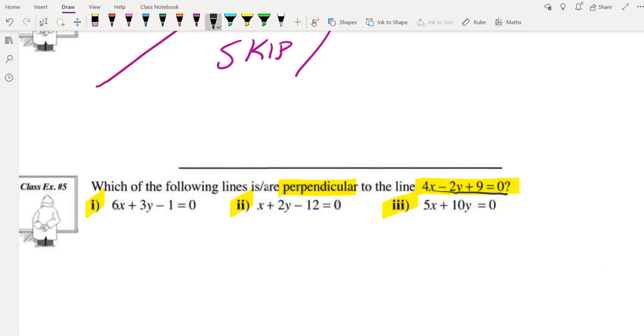Right? Let's convert it to slope-intercept form so you can read off the slope. And I'll do that just in the space above here. So we have 4x minus 2y plus 9 is equal to 0. The y is negative, so I'll move that to the other side.